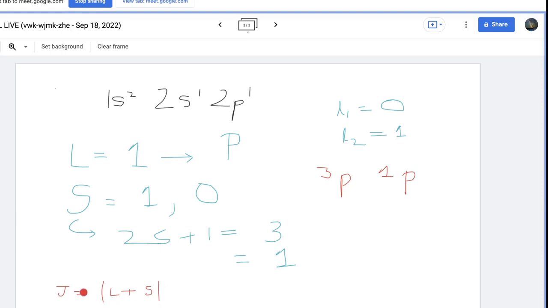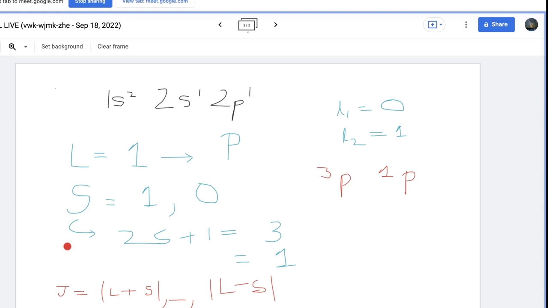So when there is spin orbit coupling, J comes, and it goes from L plus S to L minus S. So L plus S, 1 plus 1, that is 2, or 1 plus 0, that is 1, and 1 minus 1, that is 0, or 1 minus 0 is 1 again. So I will have 3 J values: 2, 1, 0.